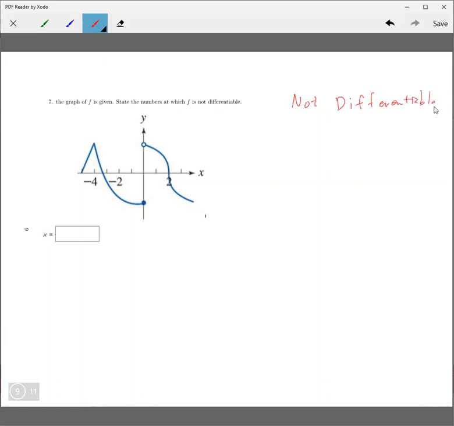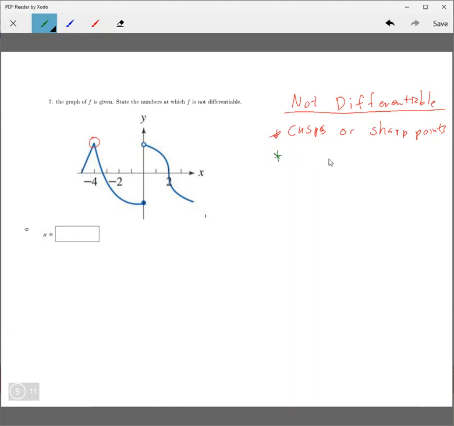The main things, though: where you have cusps or sharp points on the graph. So that would be this right here. That's a cusp or sharp point. So that would be one case.